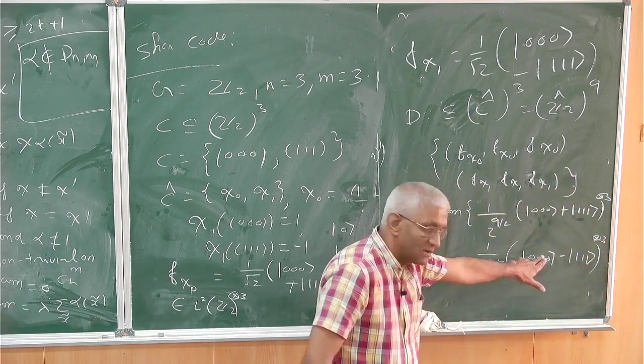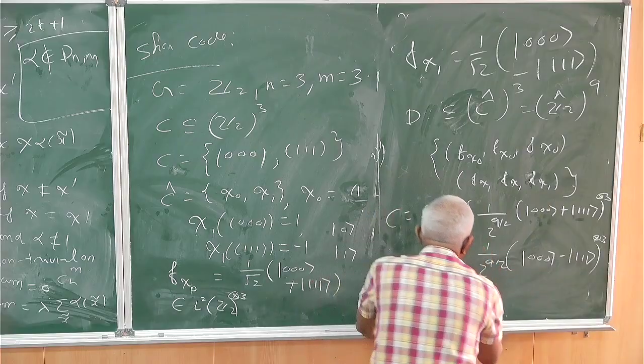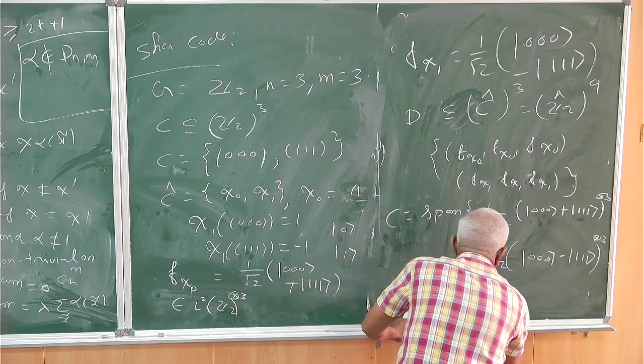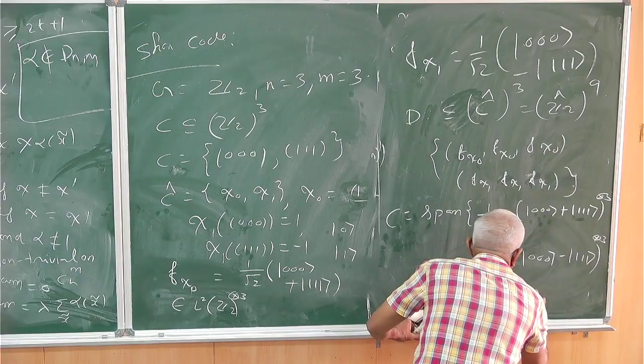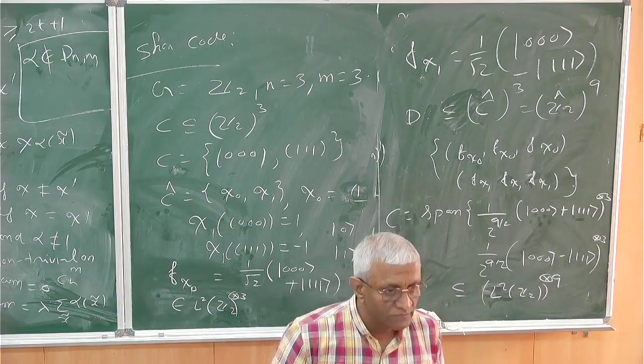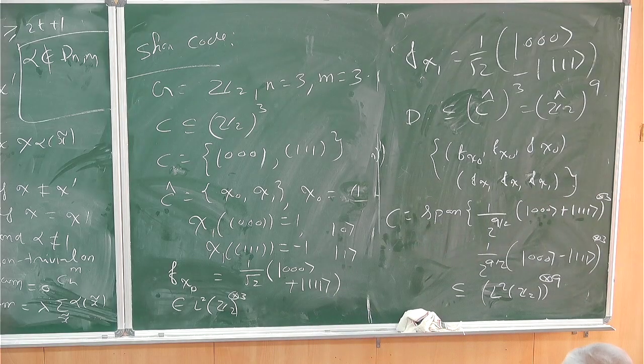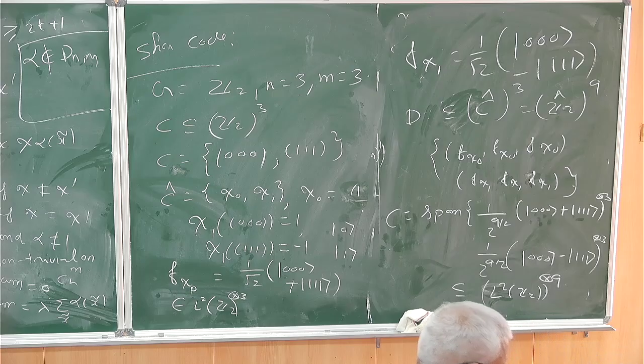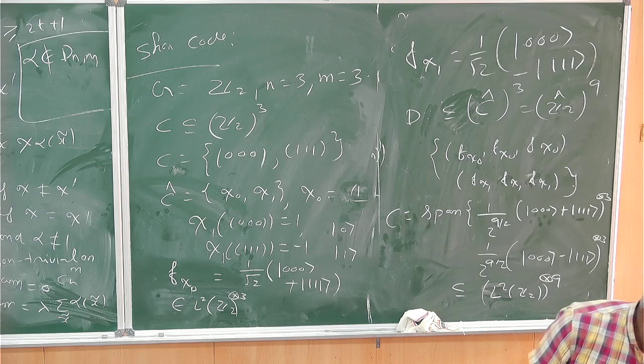This is a 9-tuple, contained in L2 of Z2 tensor 9. So this is the code. Our code is this. There are many other codes. If you are not confused, I will explain more on this.